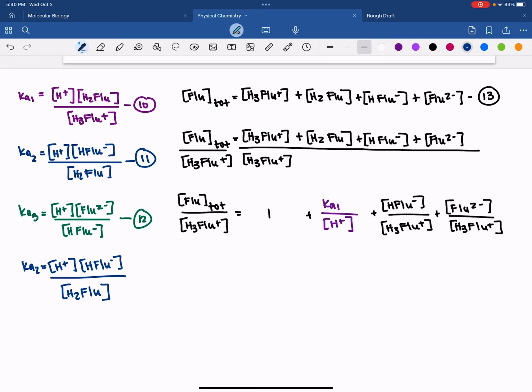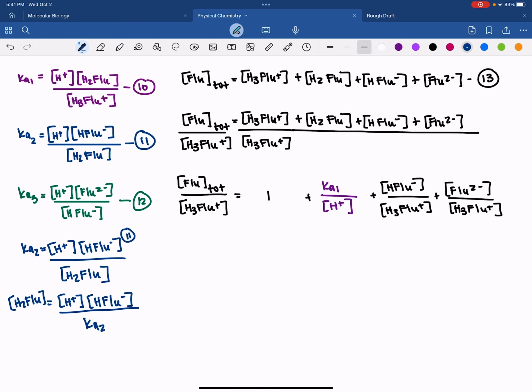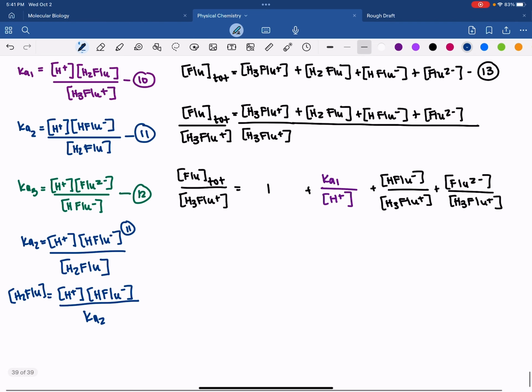And obviously, it will look like H+ times the concentration of Flu- over our Ka2 value. Okay, and that's for H2Flu from equation 11. Okay. From there, we can then start going into our Ka1 equation, right?